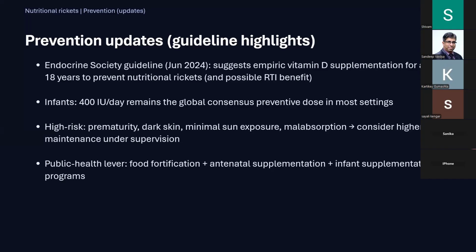In high-risk cases such as prematurity, dark-skinned individuals, places with minimal sun exposure, or malabsorption syndromes, a higher maintenance dose is to be administered. Also, from a public health point of view, food fortification, antenatal supplementation and infant supplementation programs are advised to be initiated.